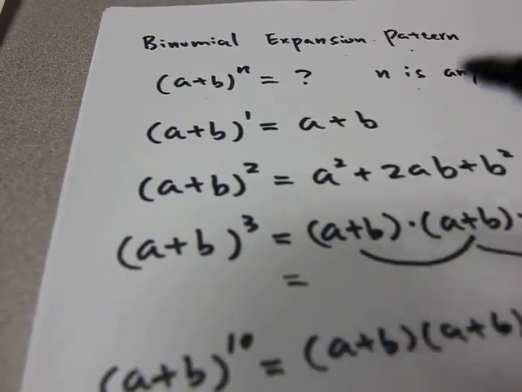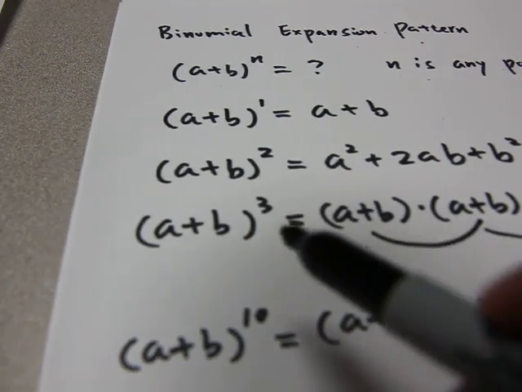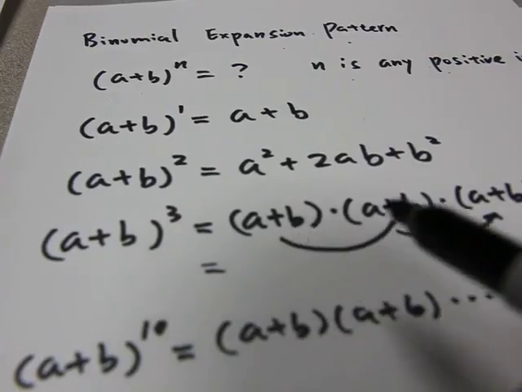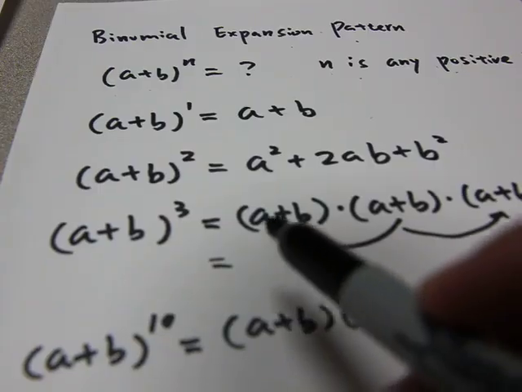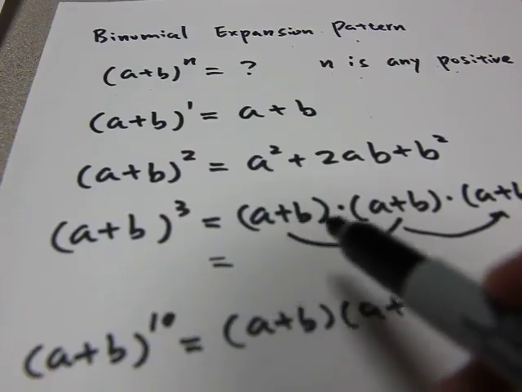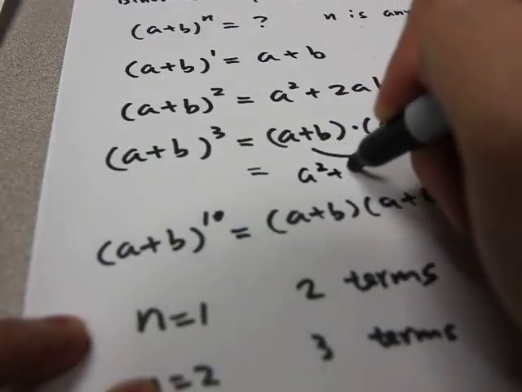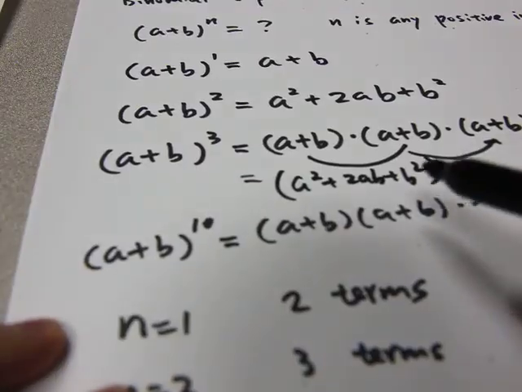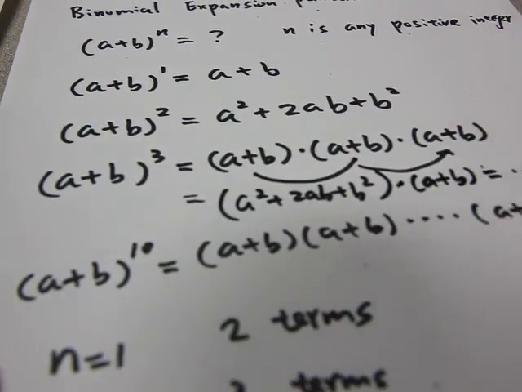And when n is 3, in my previous video, I showed you how to do this. The method was we rewrite this into a product of a plus b times a plus b times a plus b, and then first we multiply a plus b by a plus b, so we get a squared plus 2ab plus b squared, and then we multiply this by a plus b.